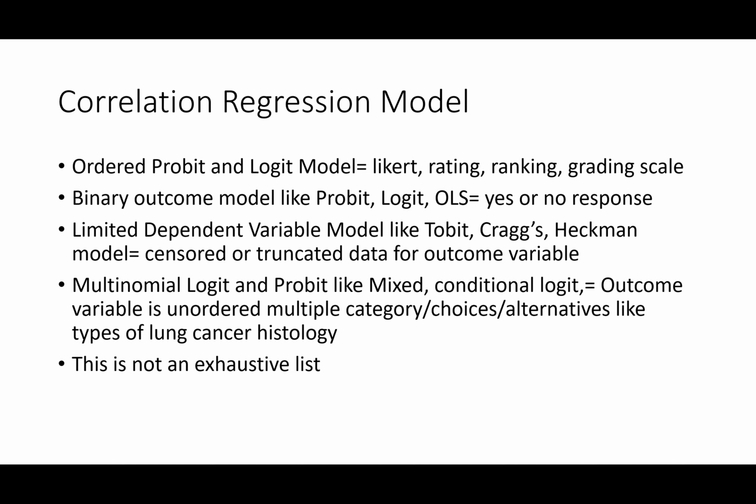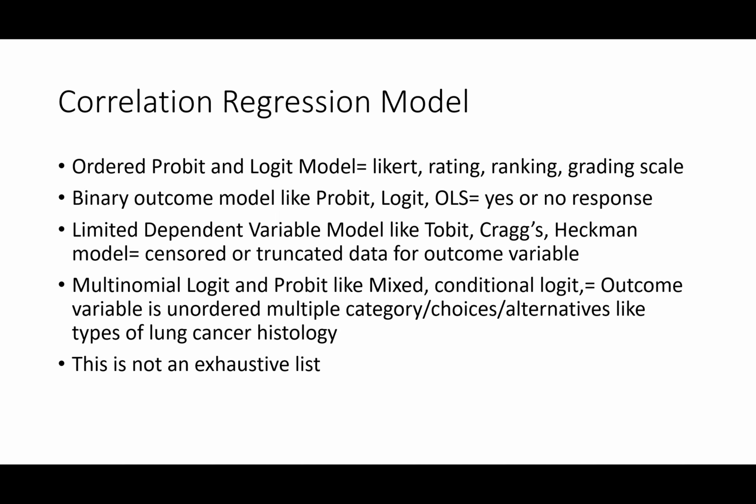The correlational regression models are of different types. This is not an exhaustive list, but just to give you a heads up, there are lots of regression models out there, but I have categorized here what each means. They all depend on the nature of your dependent variable or the outcome variable you choose to answer.